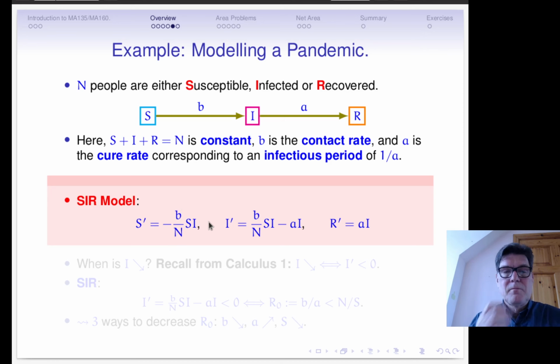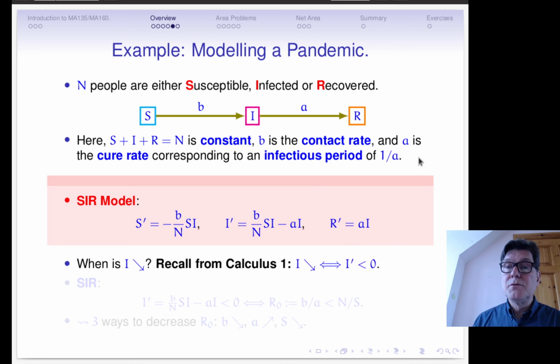And then, since the sum of all these three numbers is always constant, the rate of change in the I group has to make up for the rates of change at the ends in S and R. So it's the negative of the sum of these two rates of change. And that's a simple model using the language of differential equations.